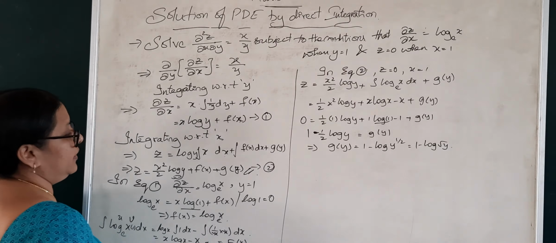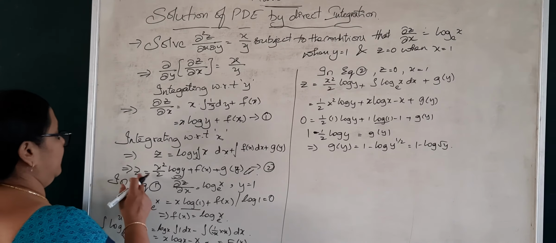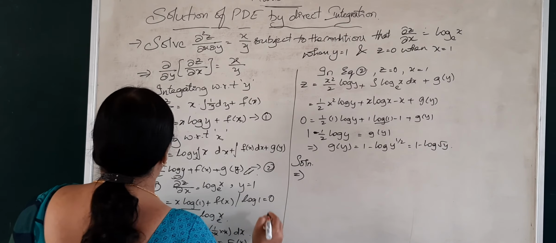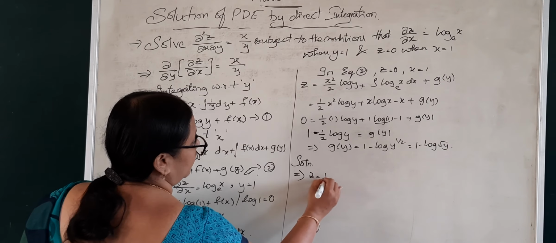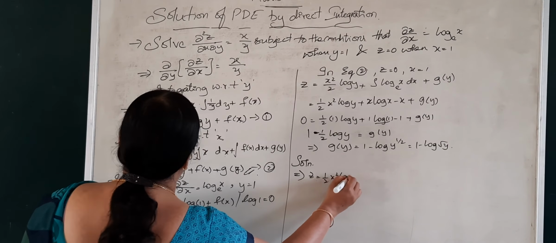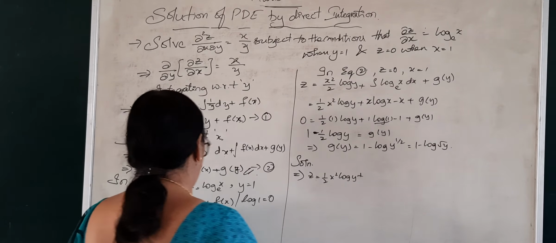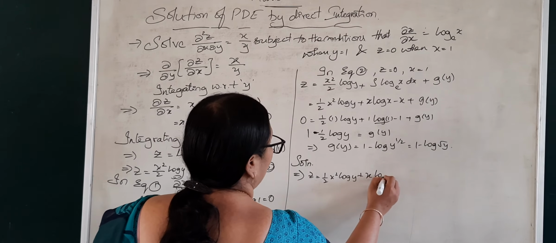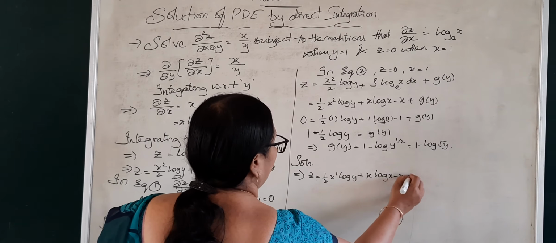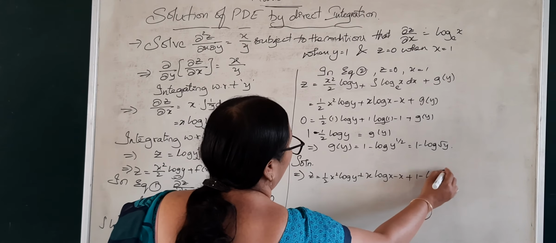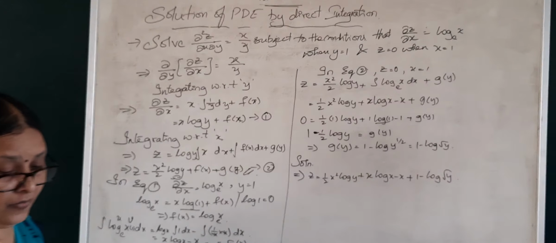Going ahead and substituting these in this equation, therefore the final solution is given by z is equal to 1 by 2 x square log y plus, instead of capital F of x, we have x log x minus x plus, instead of g of y we can write 1 minus log of root y. Got it?